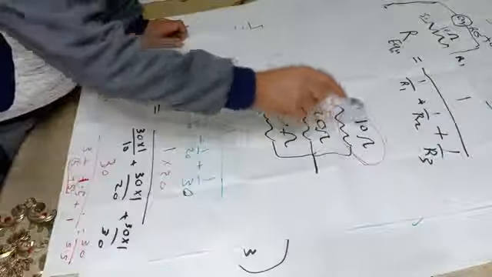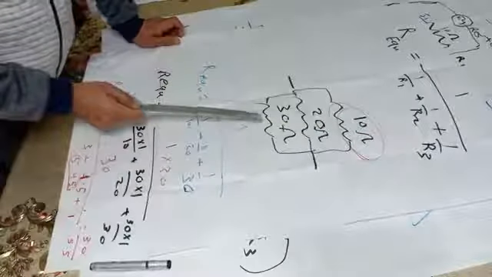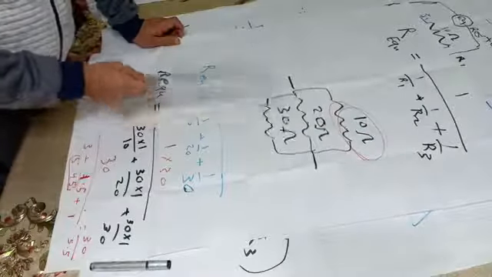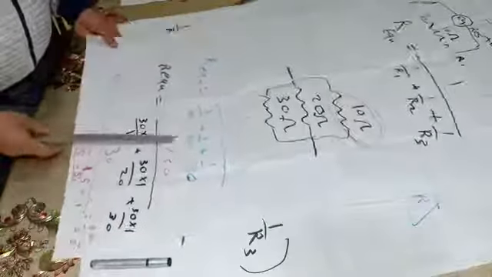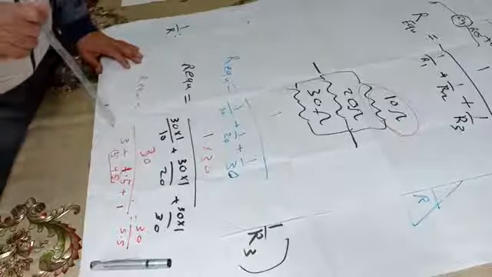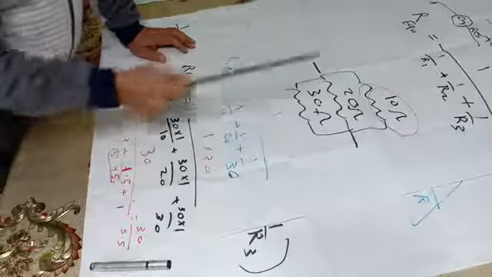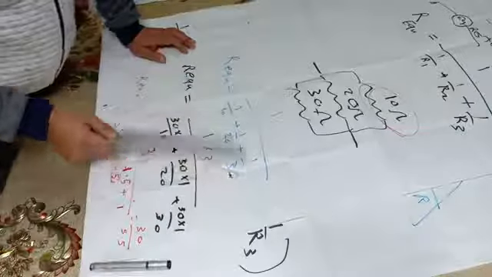R1 equals 10 ohm, R2 equals 20 ohm, R3 equals 30 ohm. We substitute R1 10, R2 20, R3 30.